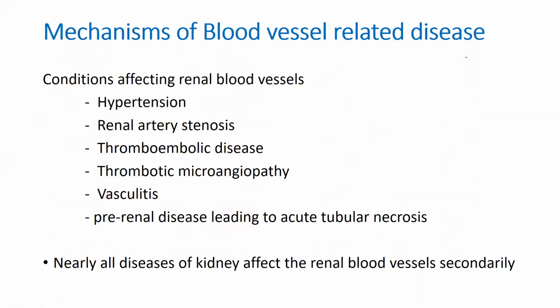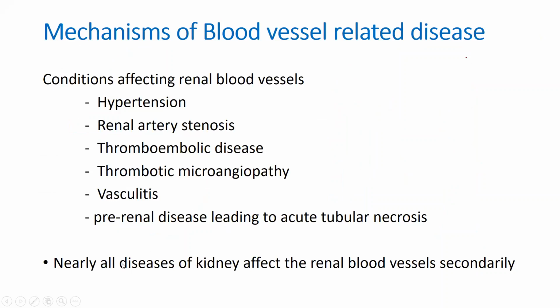So how do these blood vessels within the kidney get affected? There are many conditions that can affect this, but the commonly seen conditions are hypertension, renal artery stenosis, thromboembolic diseases where you start having thrombotic manifestations of the kidney, thrombotic microangiopathies, which I will talk about a little bit later on, vasculitis, where there's inflammation of the blood vessels, and pre-renal conditions, for example, heart failure and shock, where the perfusion to the kidney is low, thereby reducing blood flow to the kidney, and that can lead to acute tubular necrosis.